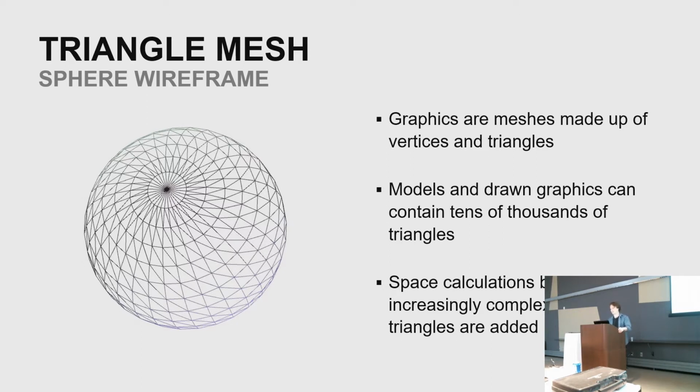That's a little bit of a side note, but you should know that our graphics are made up of triangle meshes. And as you add more graphics to the drawing, you're going to have way more triangles. Your models and your drawing graphics are going to potentially contain tens of thousands of triangles. So you want to be aware of that. And that's why we have real-time versus render.